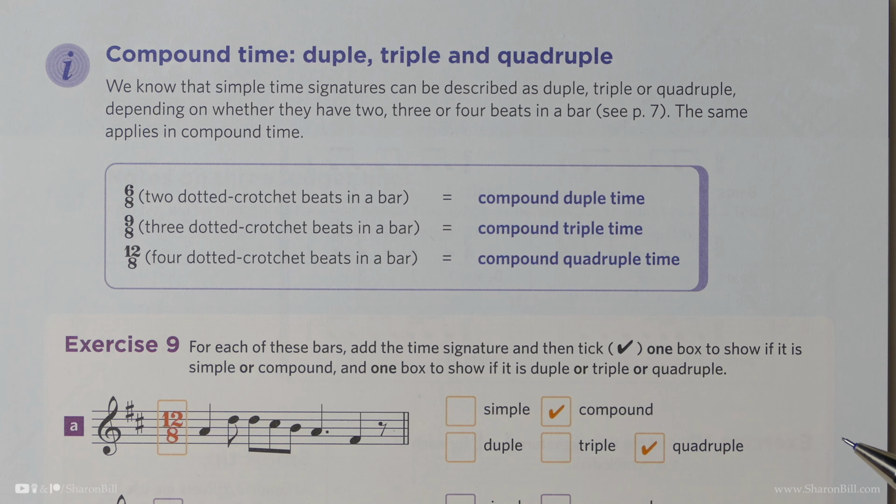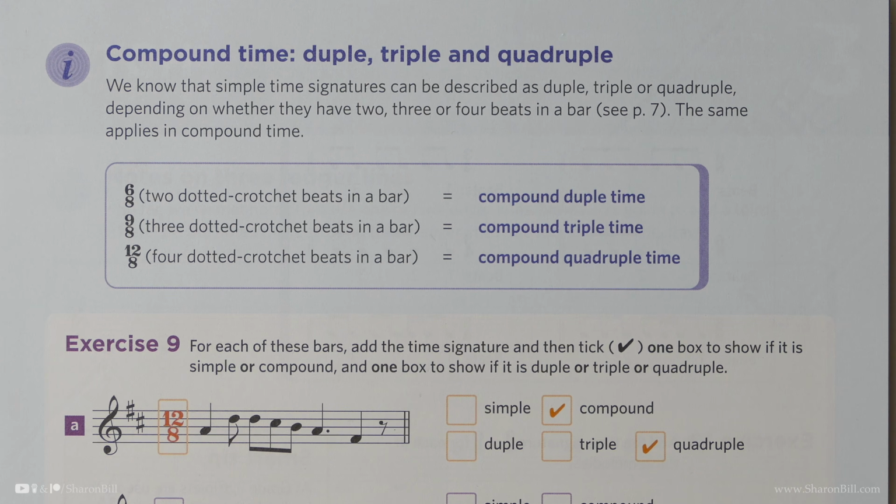Remember, compound time divides into 3s, simple time divides into 2s. So you're looking for groups of 3 or dotted crotchet beats, and groups of 2 which are just crotchet groupings. Use pencil, and then it's okay if you go wrong, you can just erase it out and have another go.